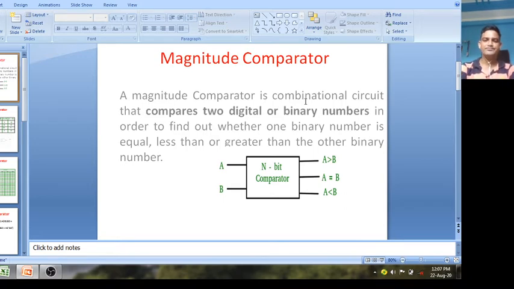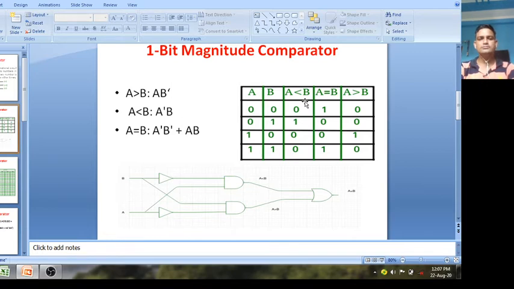Now, the 1 bit magnitude comparator. In 1 bit it simply compares one bit of a with another bit of b. Suppose there are four possible values of a and b: 0 0, 0 1, 1 0 and 1 1.